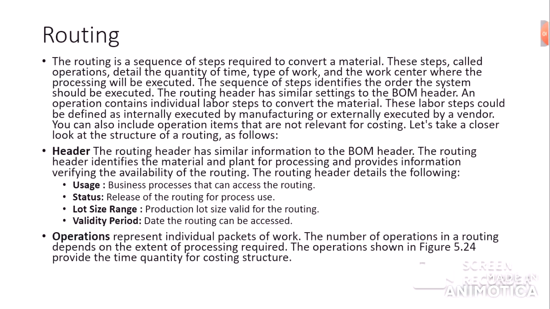Operations. Operations represent individual packets of work. The number of operations in a routing depends on the extent of processing required. The operations shown in figure 5.2 provide the time quantity for costing structure.